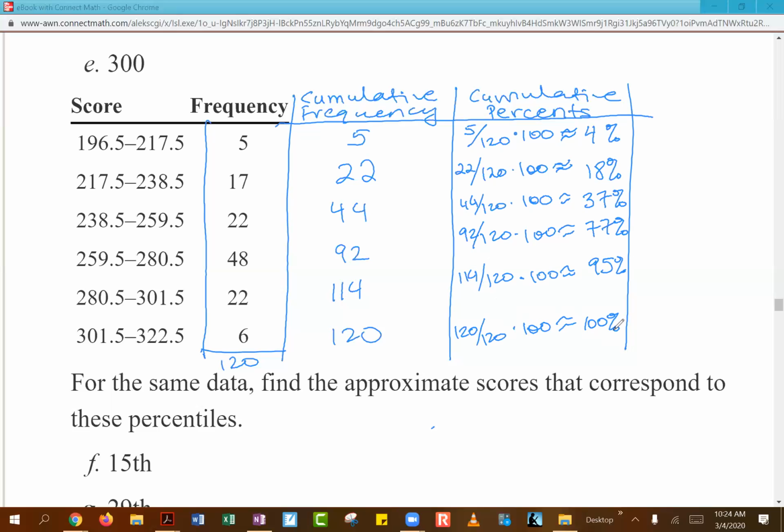Everybody okay so far coming up with these data values? Anybody who had trouble with it? Okay. So now the boundaries, or in this case, the scores will go on the x-axis, right? So the lowest value you would be starting at is 196.5, going all the way to 322.